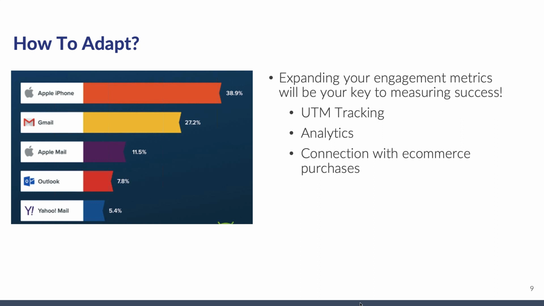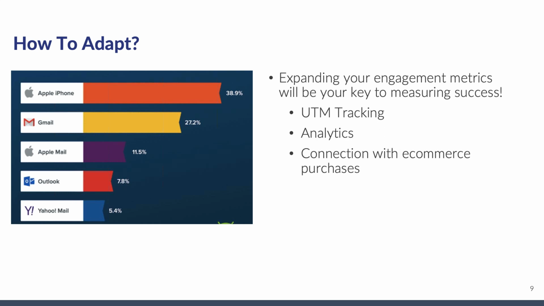So now that we have a bit of time to pivot, what are we going to do to expand these measuring tactics? In 2021, Litmus conducted research involving about 3 billion email opens from January to March. They found that Apple Mail was far and away the most popular email client. Not shocking, I imagine, to most of us.